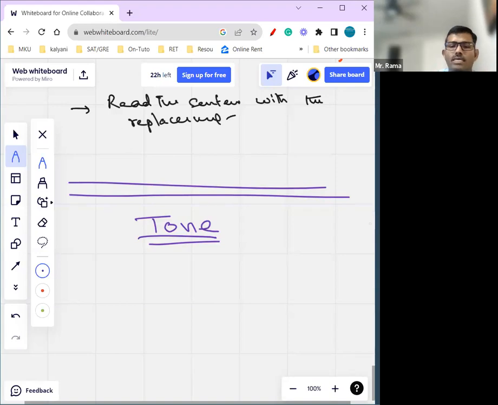So how do you take care of these questions? Now we're going to look at it. Whenever you see tone or attitude questions in the PSAT or the SAT, tone or attitude.